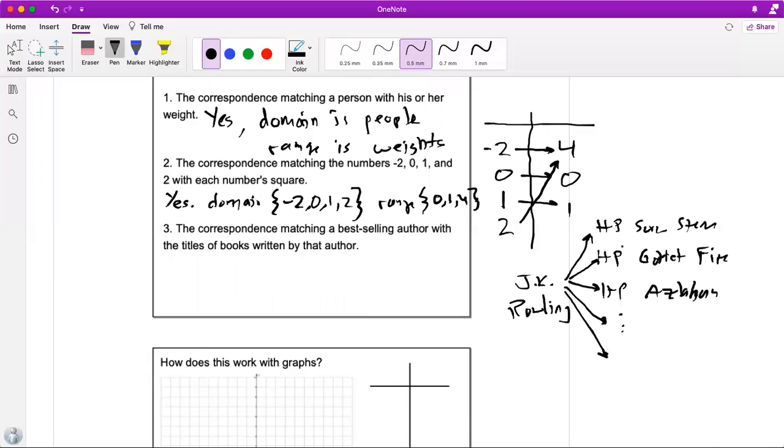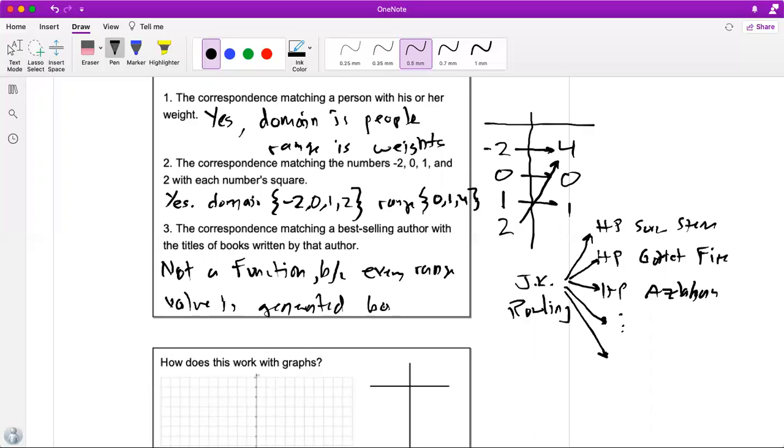And the answer is, therefore, this is not a function, because that one domain value, which in this case was J.K. Rowling, but in the general case is just the name of any author, generated every one of those range values.